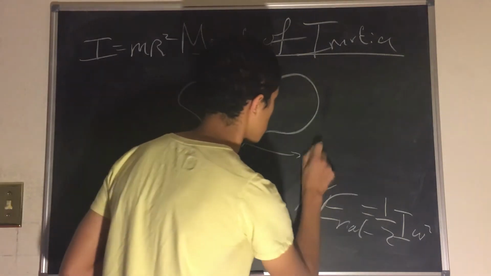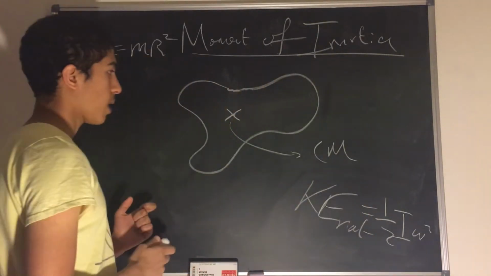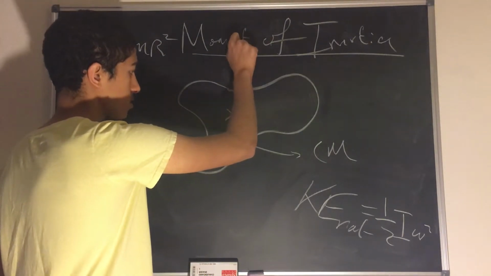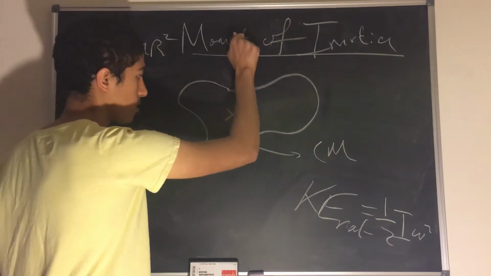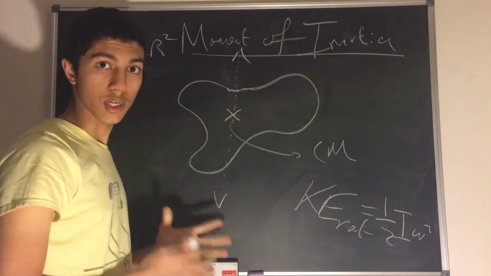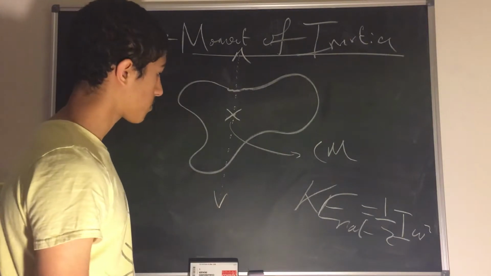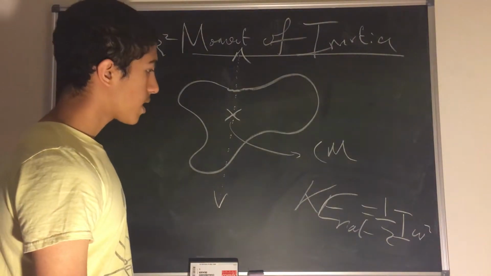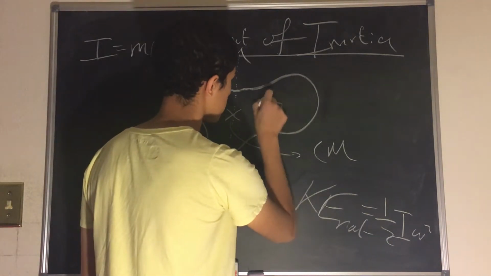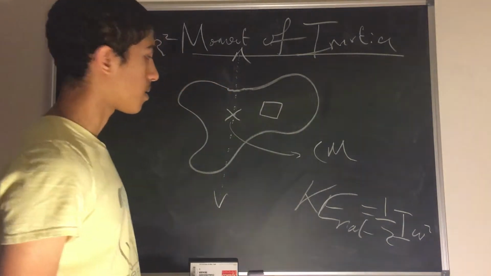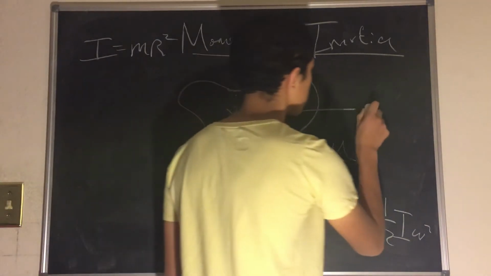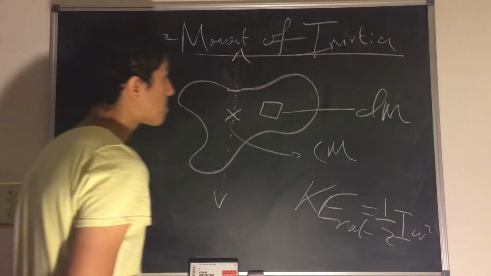This is the center of mass, and let's have an axis going through that, perpendicular to the plane of the rigid body, and that is going to be our axis of rotation for this rigid body. And now let's say that we have some tiny infinitesimal section of this rigid body, which has mass dm.